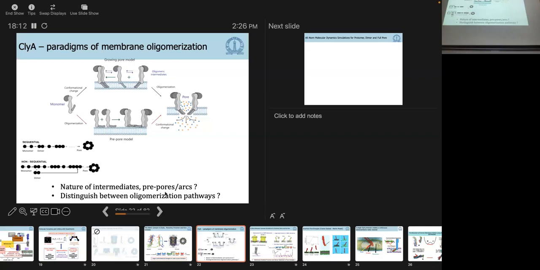The other question is, do these undergo a sequential mechanism of oligomerization, a classic chemical kinetics kind of problem, or do they undergo a non-sequential method? And what is the nature of the intermediates? Do they form pre-pores, arcs, and so on? And can we distinguish between the oligomerization pathways? These are largely the broad questions that we set out to answer in this work.